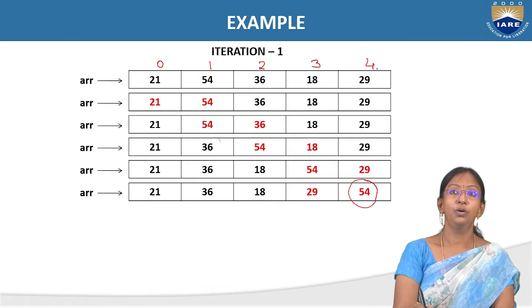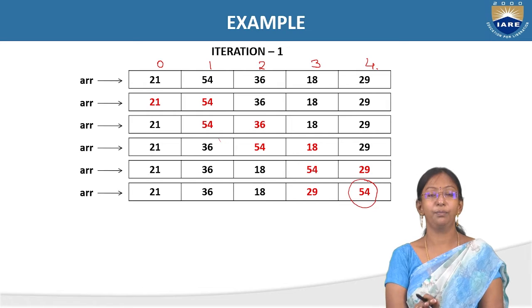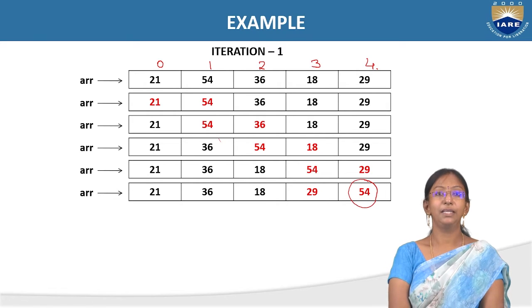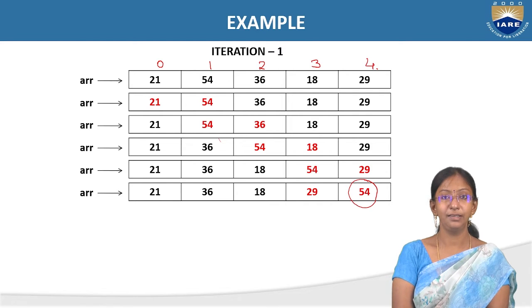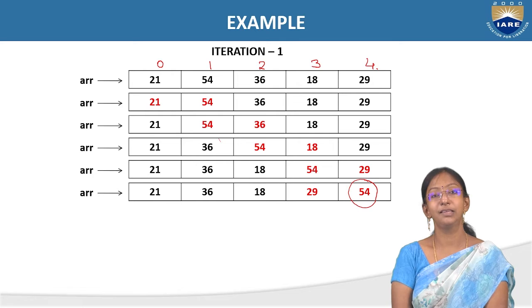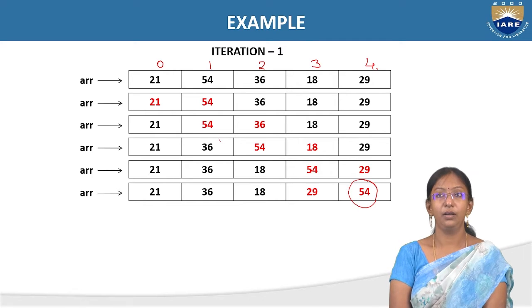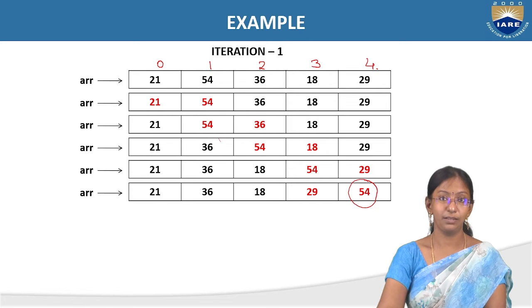So this is the basic point in your bubble sort: by the end of each iteration, the highest element in the list will come to the highest index value. So from now on, I'm not going to touch 54. I'm going to freeze that value.